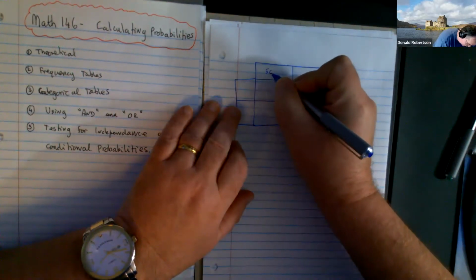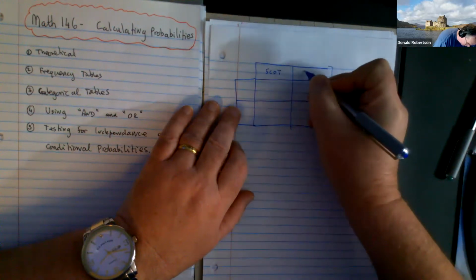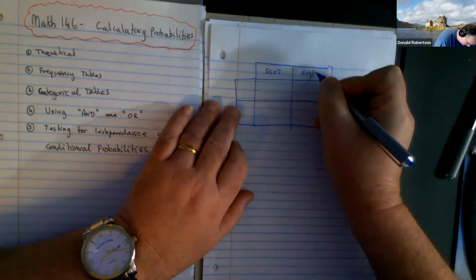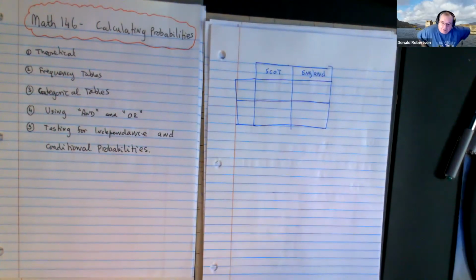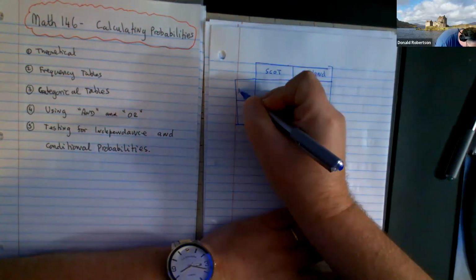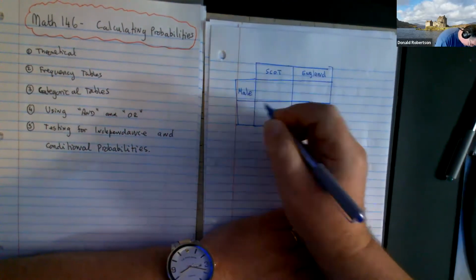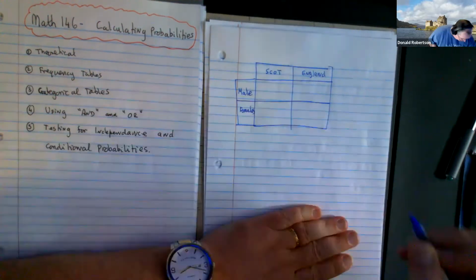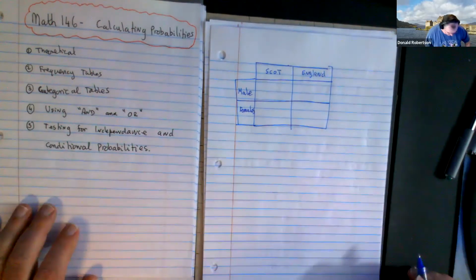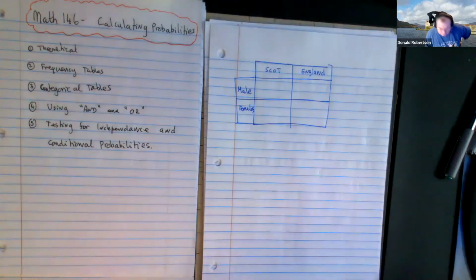And it was Scotland against England. So we asked some Scottish people something, we asked some English people something, and self-identified males and females. And the question we asked them was, do you like sci-fi movies? And they said yes or no.